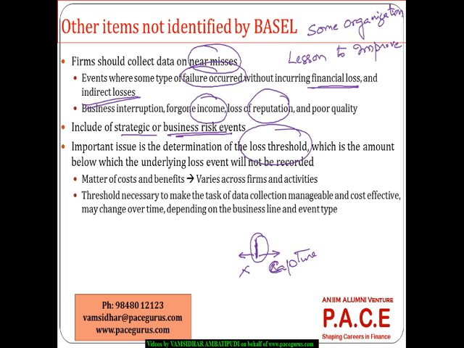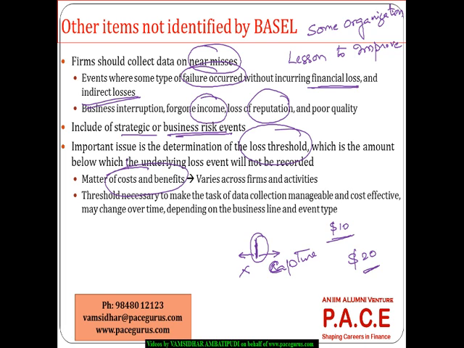In some cases, probably the loss could be only $10, but the cost that I would incur to capture it could be $20. So always look at it from that perspective, because every capturing of a loss is a matter of cost versus benefit. If the cost is much higher than the benefit, better ignore it.